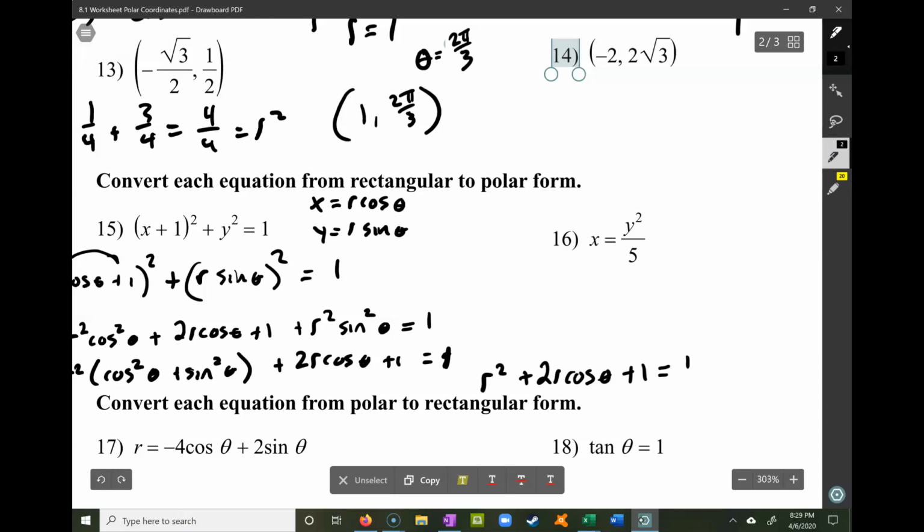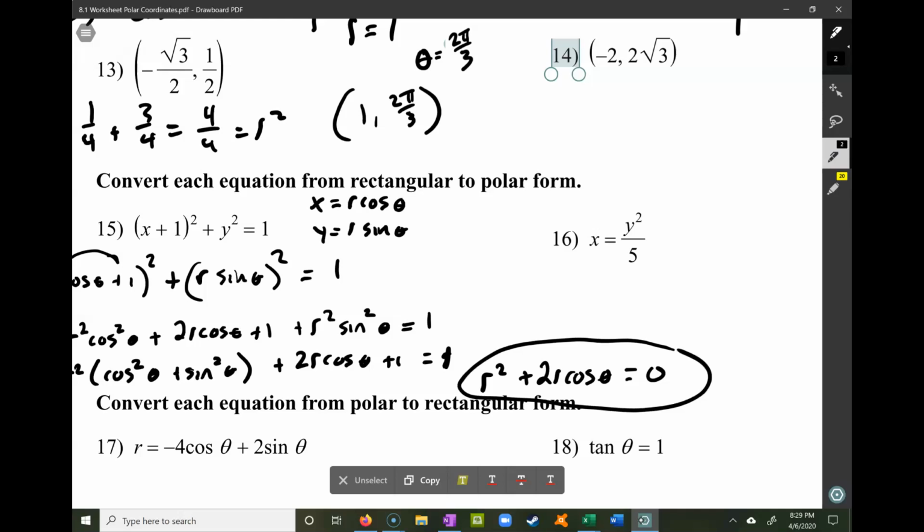And if I subtract 1 from both sides, this just becomes equal to 0. And that would be a beautiful polar coordinate equation. And the idea is if we graph this and graph this, you should produce the same exact graph.